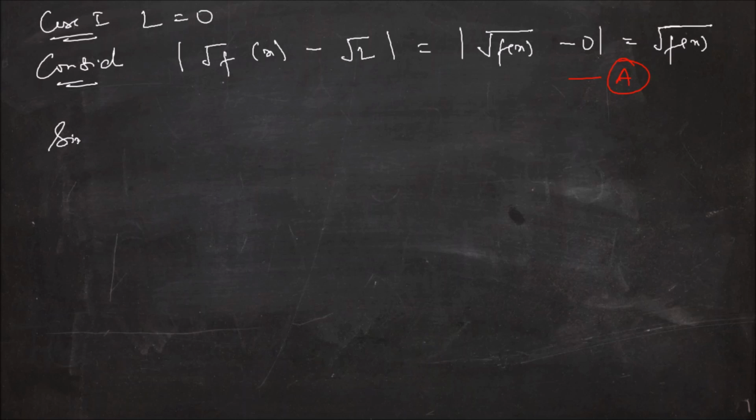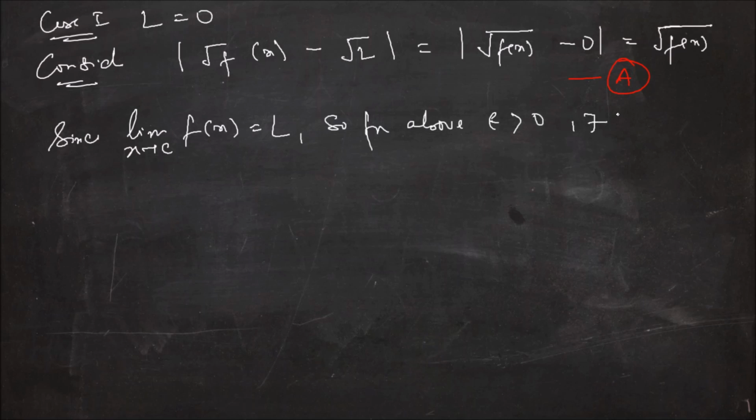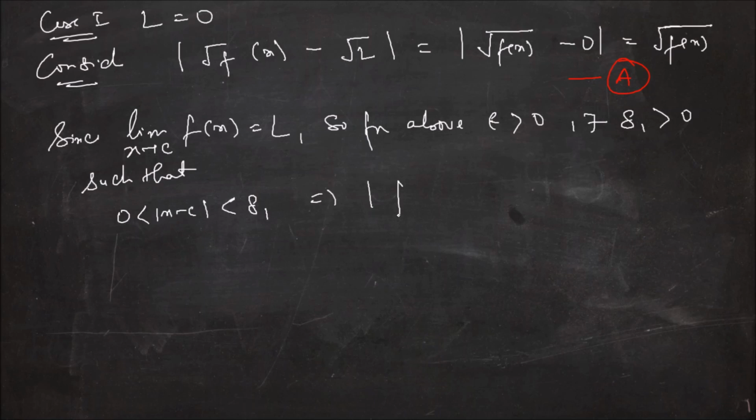Now since limit x tends to c fx is equal to L, for the above epsilon greater than 0 there exists delta 1 greater than 0 such that 0 less than mod x minus c less than delta 1 implies mod fx minus L, that is mod fx minus 0, is less than epsilon square. So instead of epsilon, I am taking epsilon square here because I need this to be less than epsilon.